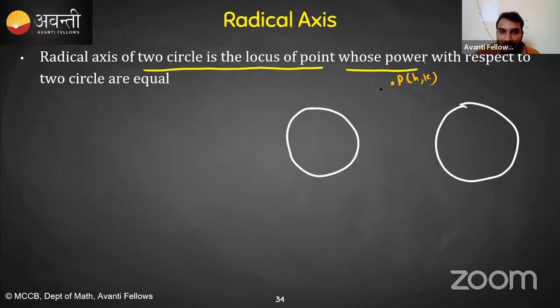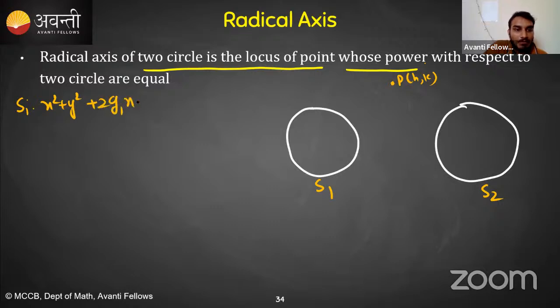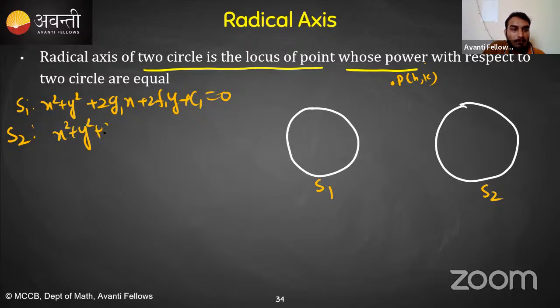Let's call S1 is x square plus y square plus 2g1x plus 2f1y plus c1 equal to 0, and S2 is x square plus y square plus 2g2x plus 2f2y plus c2 equal to 0. Let's say the point P lies outside of these two circles.